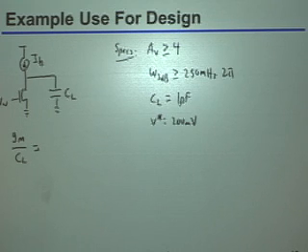I don't need the number, by the way. Just tell me what GM over CL is equal to in terms of these parameters. Yeah, exactly. Now raise your hand if you remember this or have seen this at least once or twice.